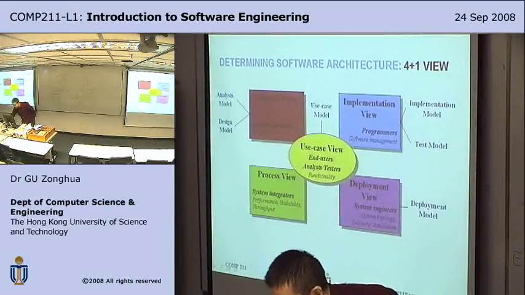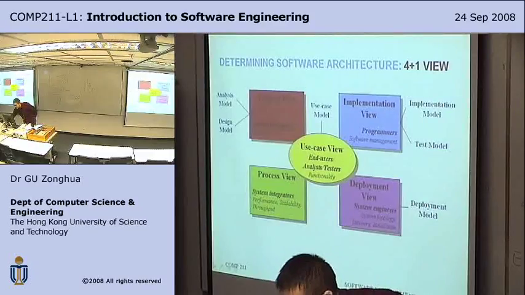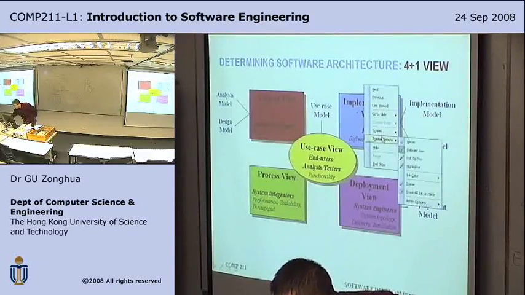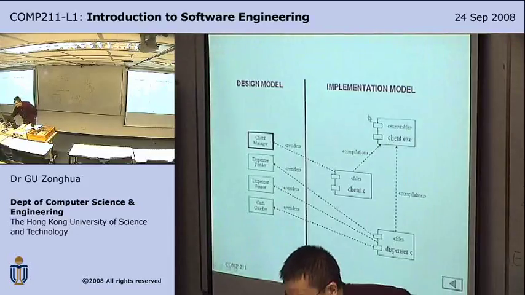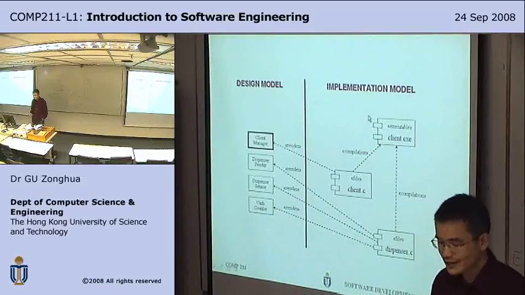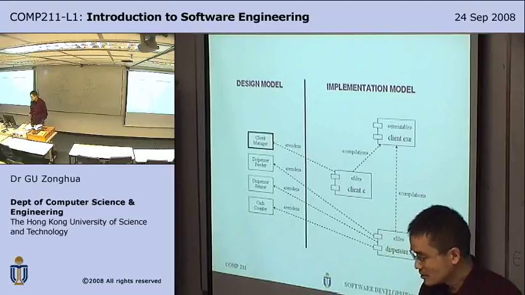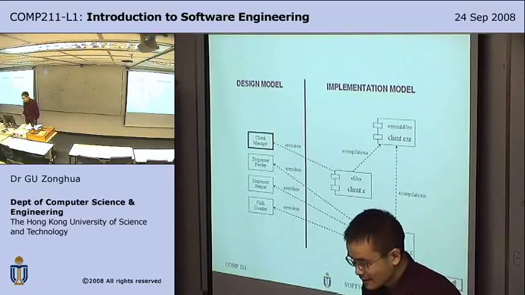So the implementation view is for the programmers or software engineers. So you have the design model.